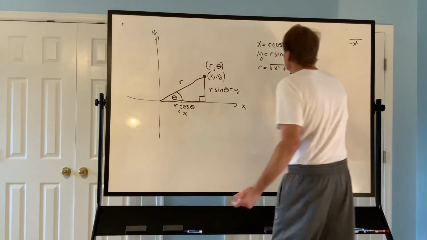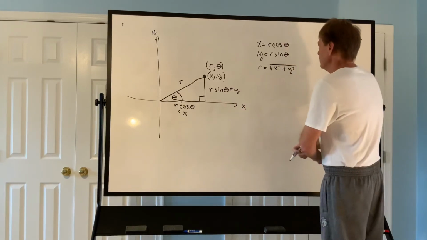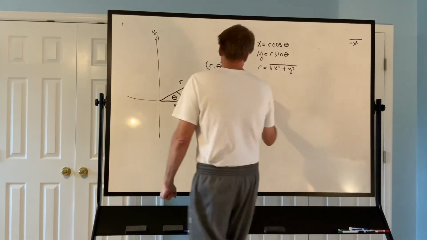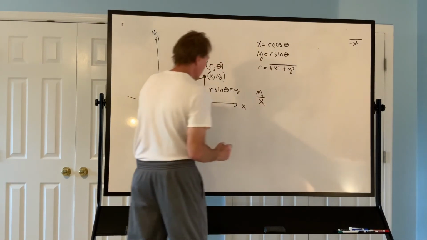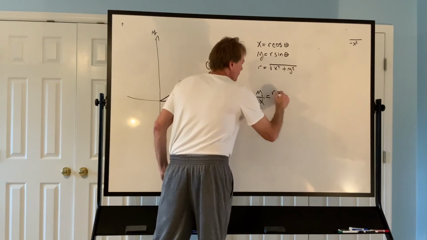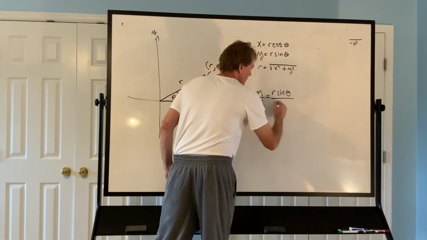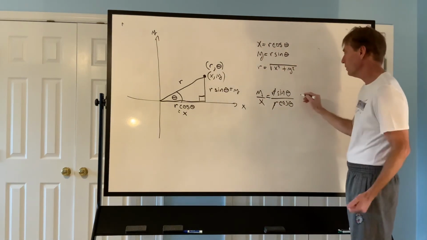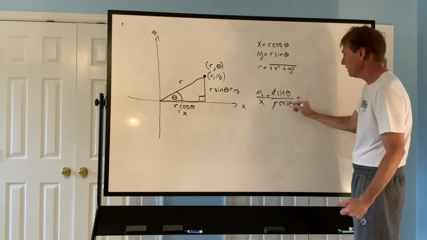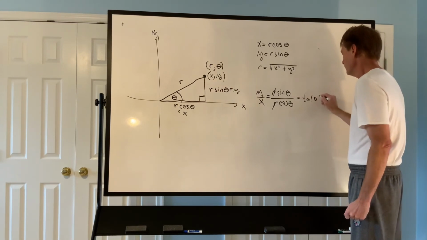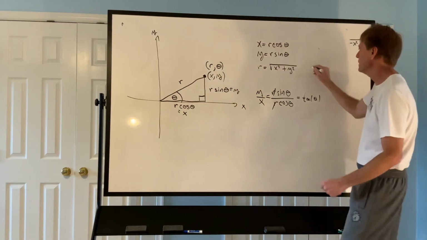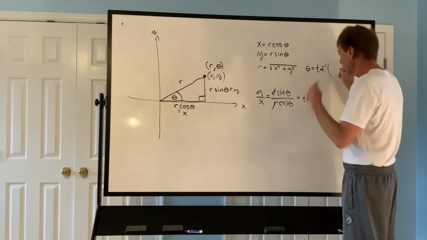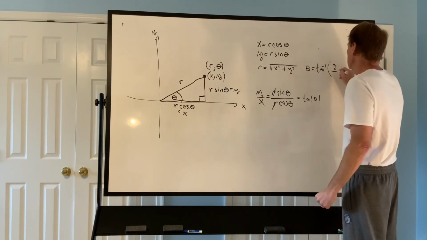And then if I look at y over x, then I've got r sine of theta over r cosine of theta. We did this already once, but it's worth doing again. These cancel, and we get sine of theta over cosine of theta, or just tangent, so theta is equal to the tan inverse of y over x.